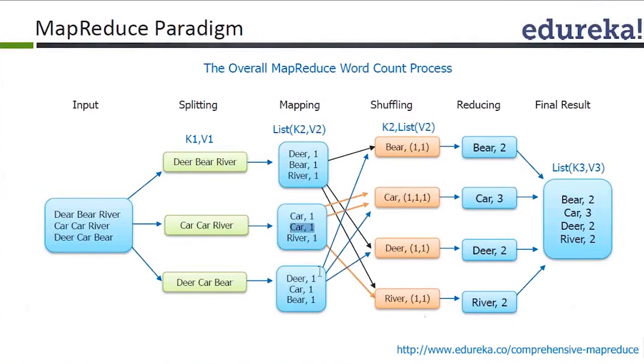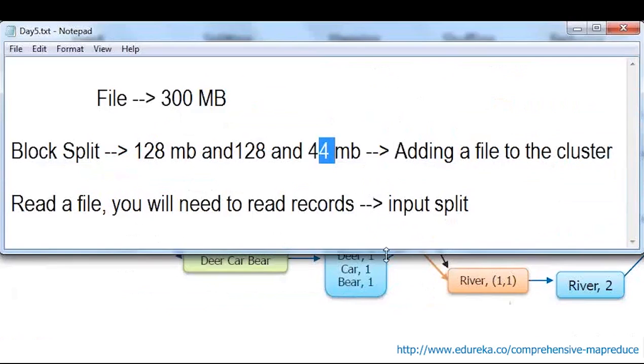We are saying car 1 and car 1 2 times, right? Would it not be better if I had said car 2 directly? If I had said car 2 directly, what would have been the benefit of it? One, where is this output of the mapper stored? In your disk. So let me go ahead and document it.